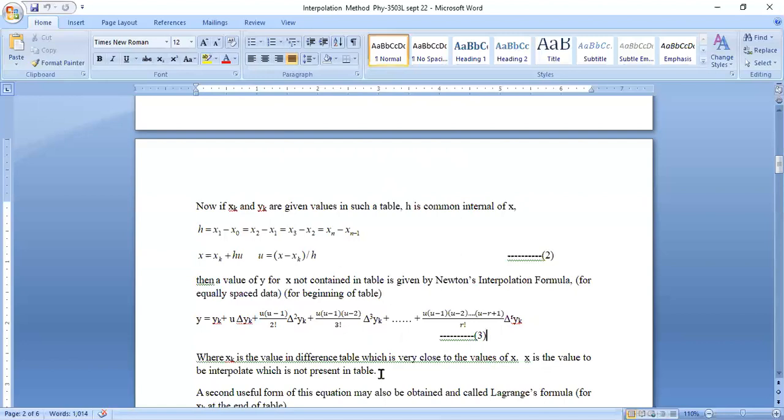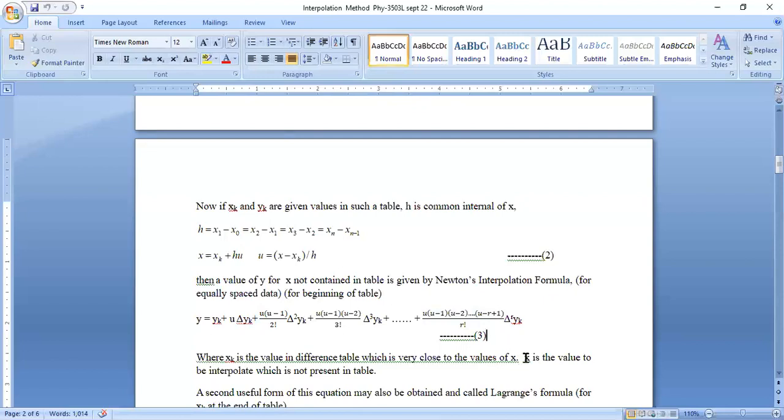So once again, please remember: xk is a value present in the difference table which is very close to the value of x, and x is a value to be interpolated which is not present in the table. This is the forward formula. Why this formula is known as a forward interpolation formula, we will discuss when we actually solve the problem.